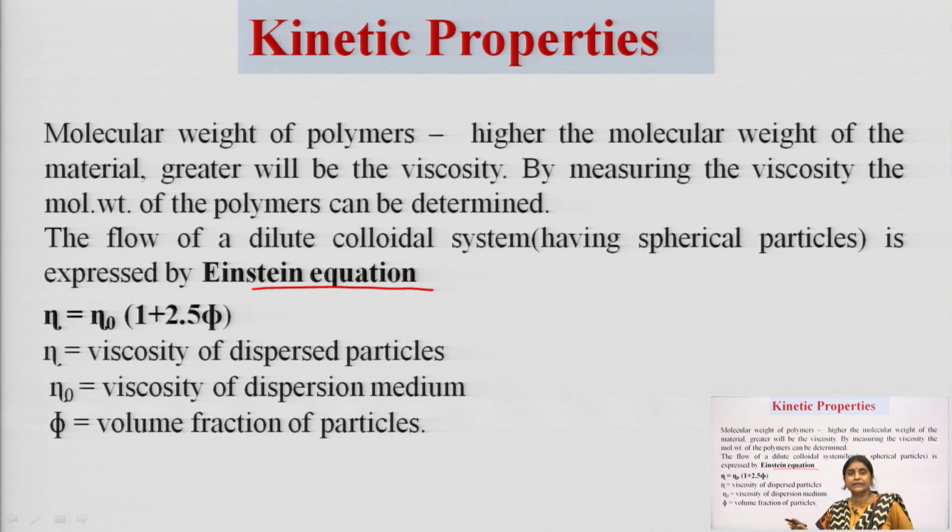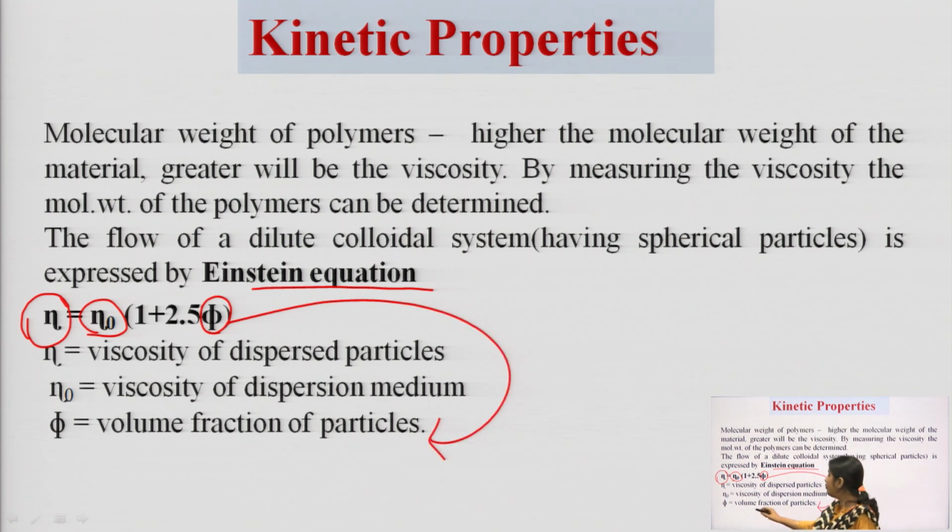What is Einstein's equation? Viscosity of the dispersion is equal to the viscosity of the dispersion medium multiplied by 1 plus 2.5 phi, and this phi stands for the volume fraction of the particle.